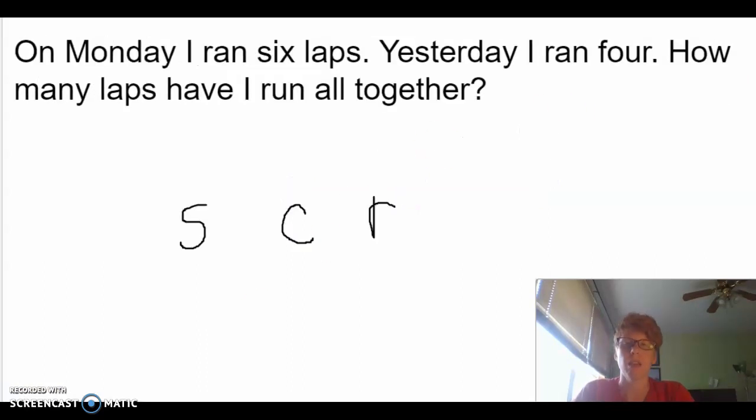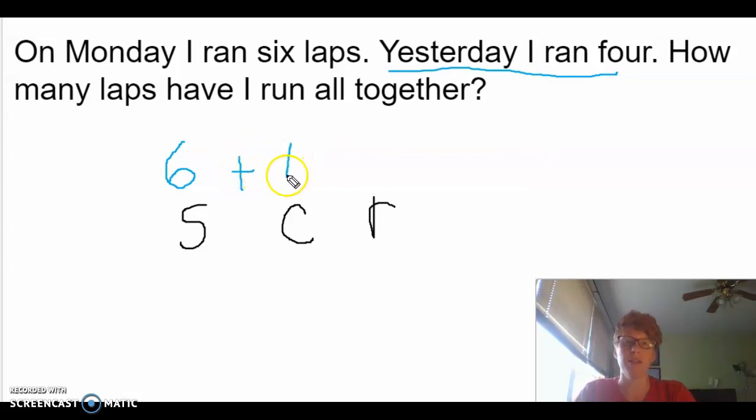Let's do another. In this word problem it says, on Monday I ran 6 laps. Yesterday I ran 4. How many laps have I run all together? Well, what do we know? Do we know what amount we started with, the amount of laps? Yes, we know that we started with 6 laps. And then yesterday we did what? I ran 4. So when you're running a lap, is your amount of laps going up or down? It's getting larger.